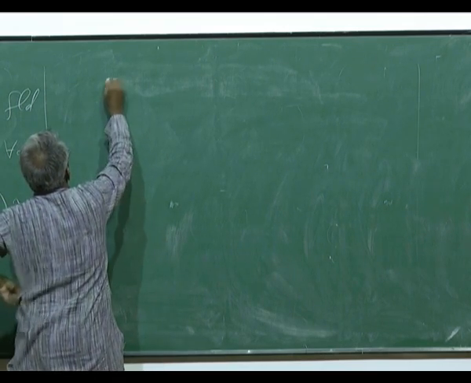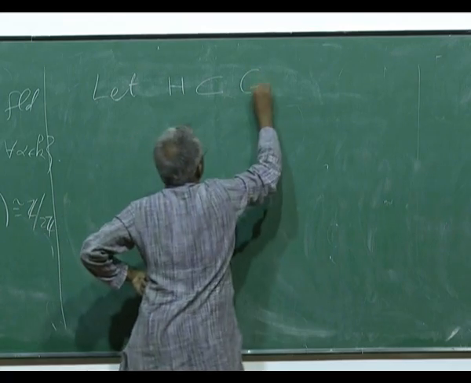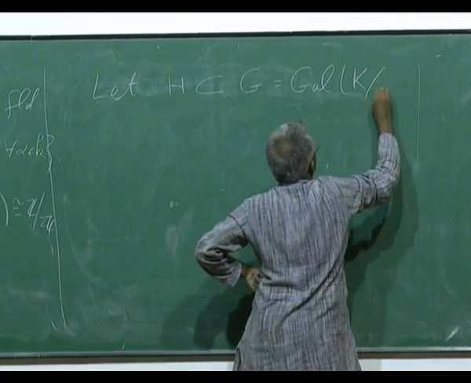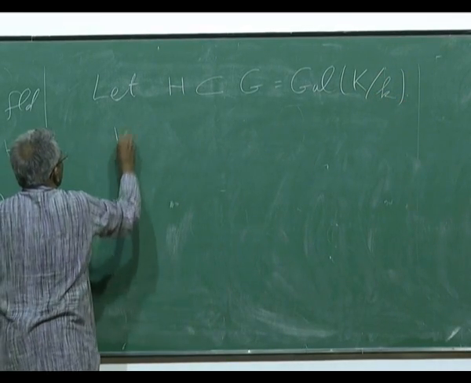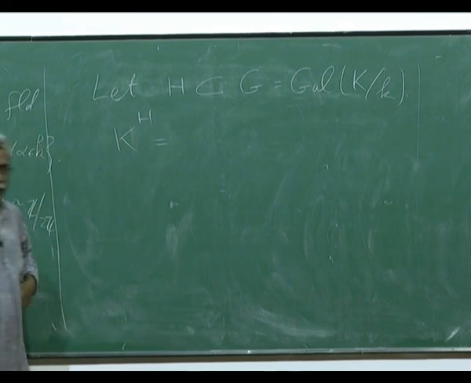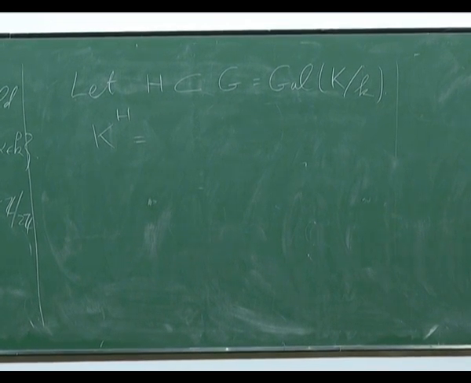So I had the following thing, let H be a subgroup of G, which is a Galois group of K over small k, and what is K power H? This notation occurred in the statement. So I explained this notation.